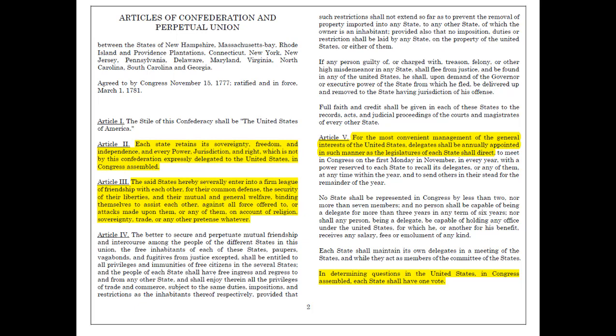The lack of sovereignty in the national government is further affirmed, and will be dramatically different when we get to the federal constitution, by the lack of popular elections for the delegates to the Continental Congress. Article 5 reads, "For the most convenient management of the general interests of the United States, delegates shall be annually appointed in such manner as the legislatures of each state shall direct." So each state can do whatever they want.